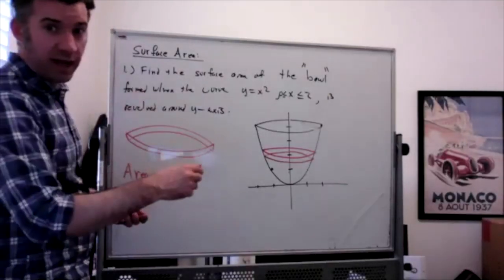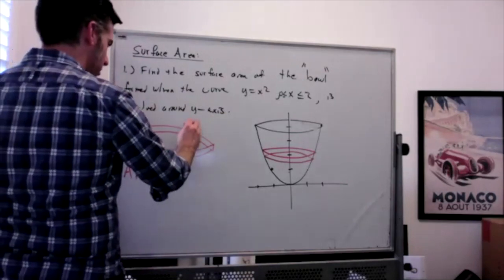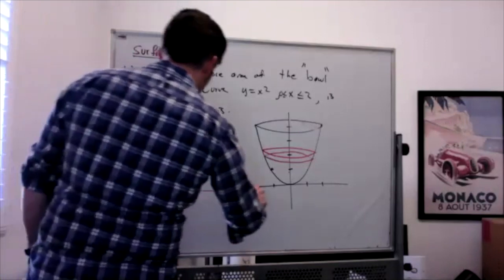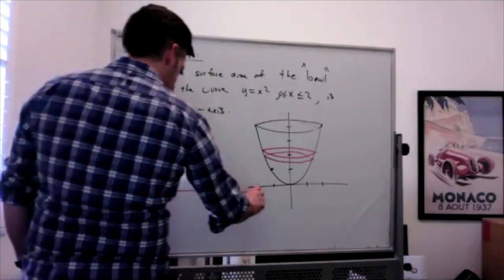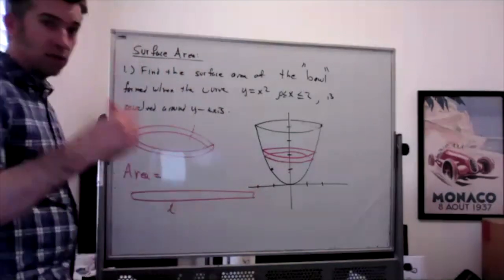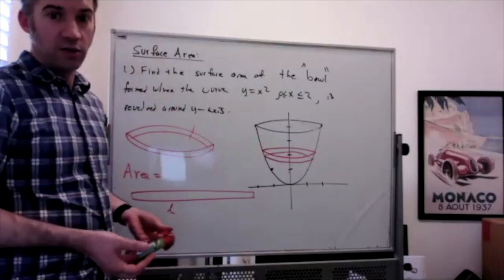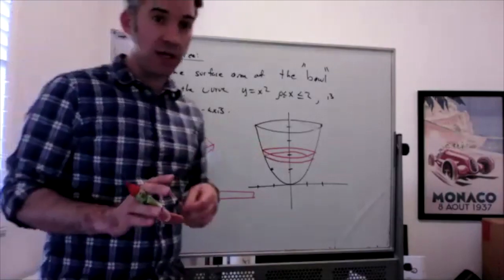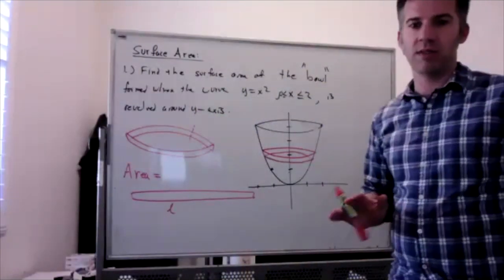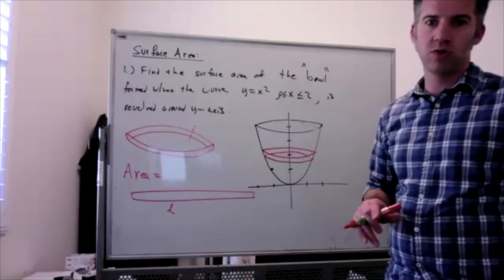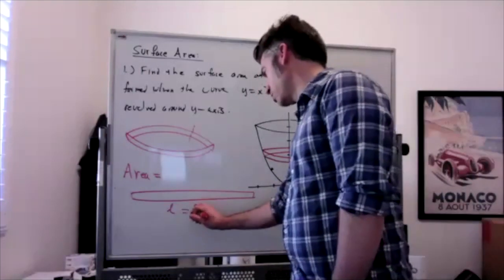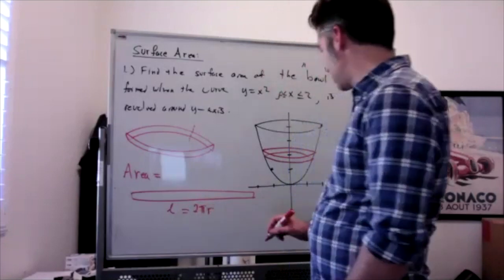Well, if I cut it right there and straighten it out, it kind of looks like this, where the length of the rubber band is just the circumference of the surface. I'm going to say the length of this is just 2 pi times the radius, right?